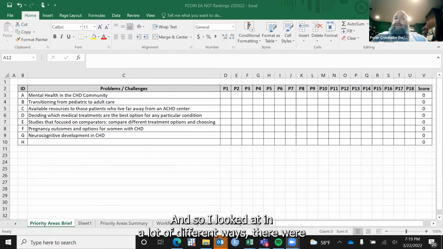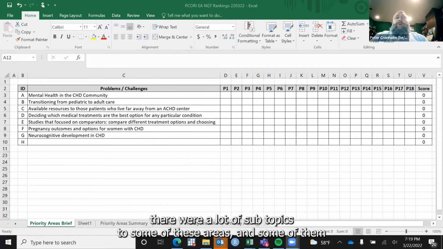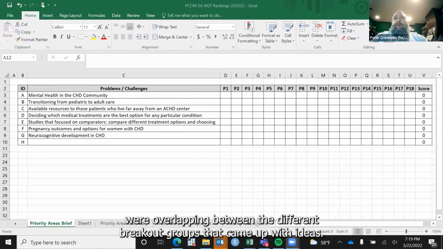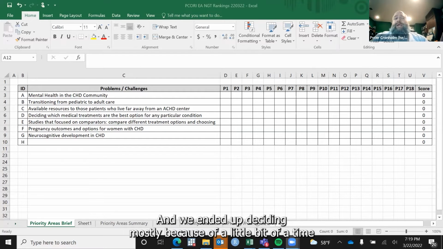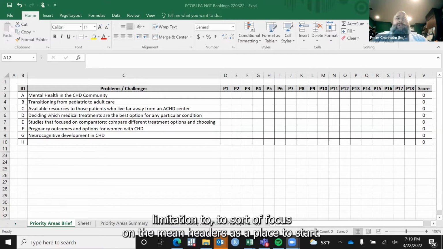And so I looked at it a lot of different ways. There were a lot of subtopics to some of these areas, and some of them were overlapping between the different breakout groups that came up with ideas. And we ended up deciding, mostly because of a little bit of a time limitation, to just focus on the main headers as a place to start.